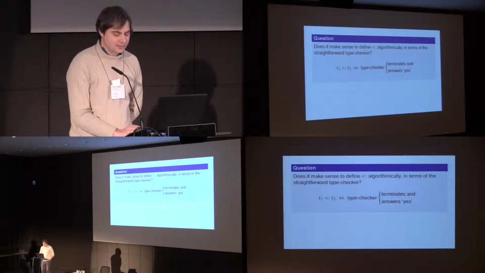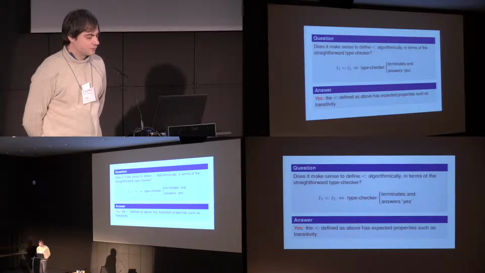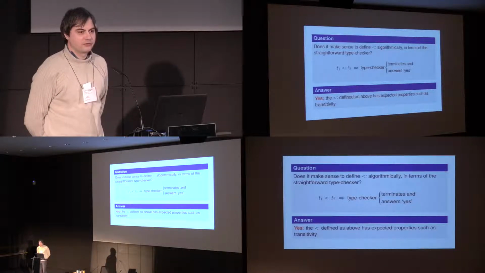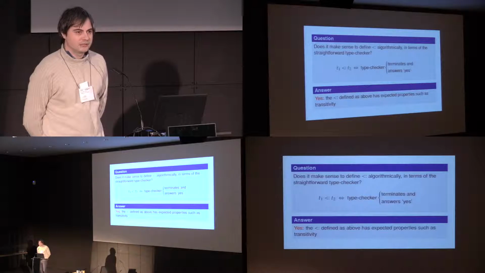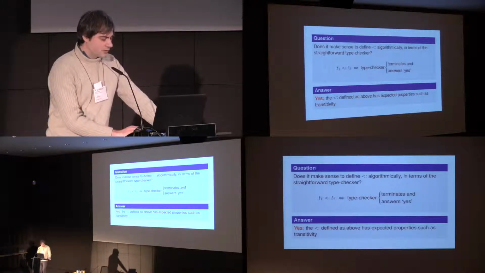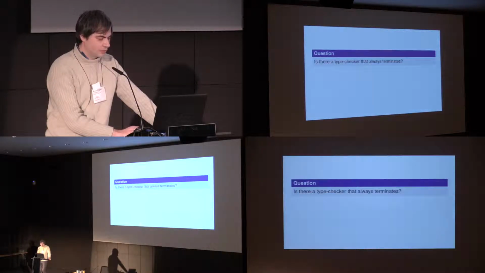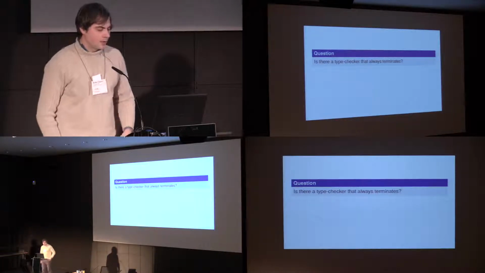Does it make sense? And it kind of makes sense because you have nice properties that you'd expect from a subtyping relation, like transitivity and so on. So that's the first thing that they do. It's a minor point in the paper, but I think it's interesting to be aware of it. Somehow I found it important.